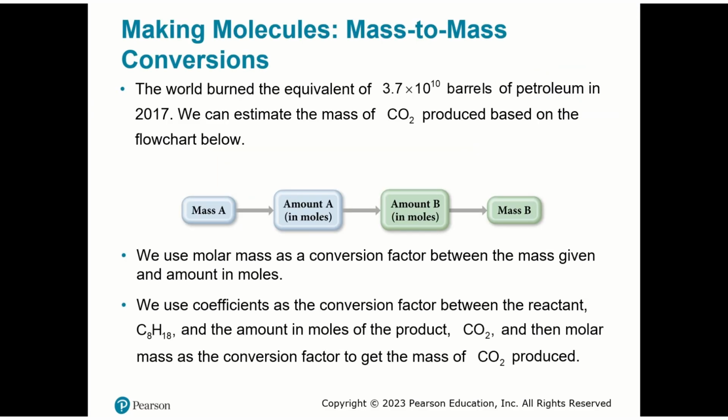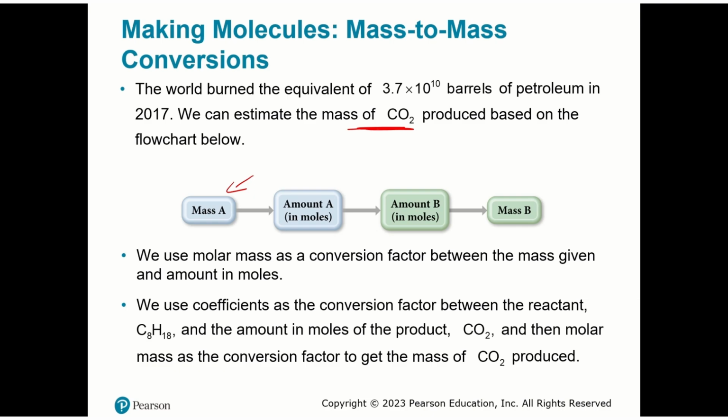It says that the world burned the equivalent of 3.7 times 10 to the 10th barrels of petroleum in 2017. We can estimate the mass of CO2 produced based on the same type of flow chart that I showed you before.